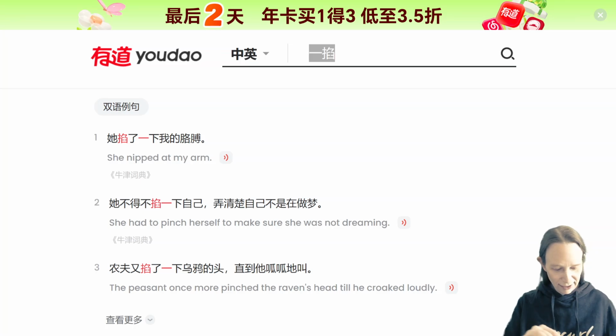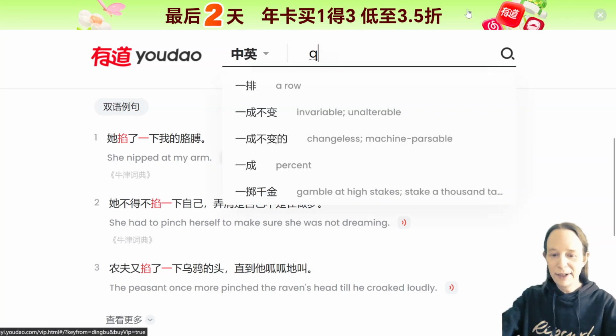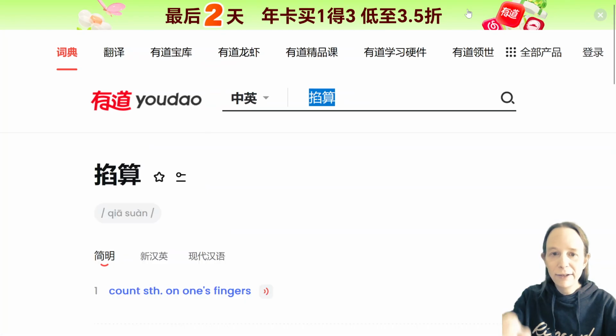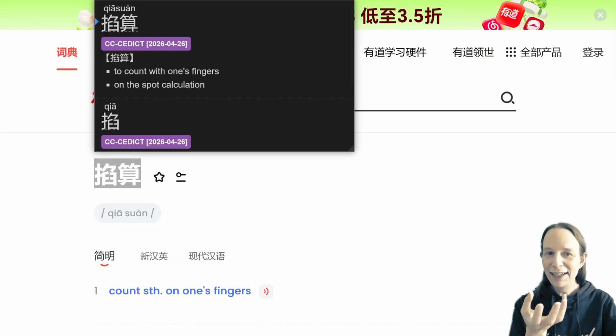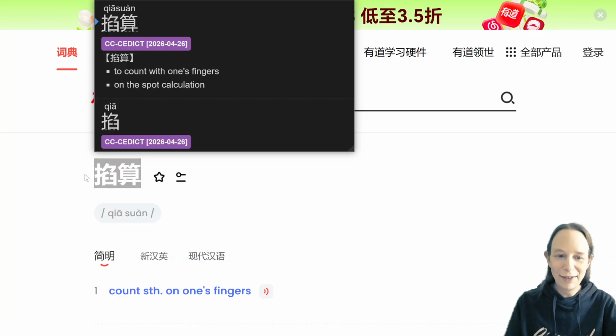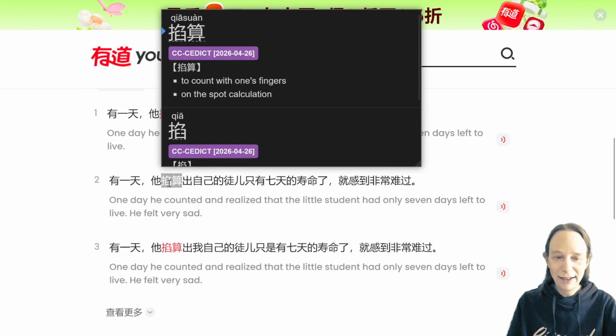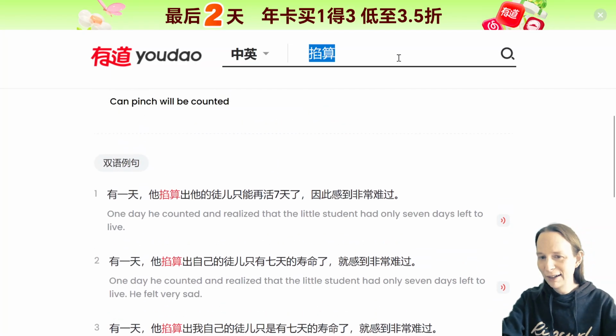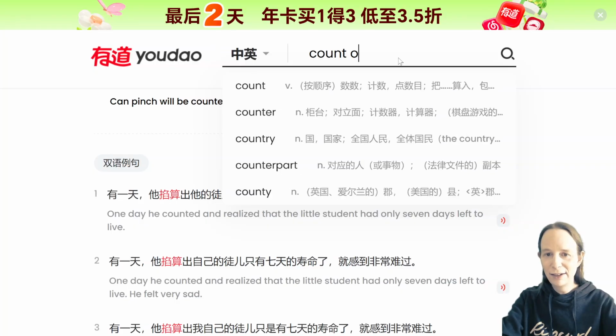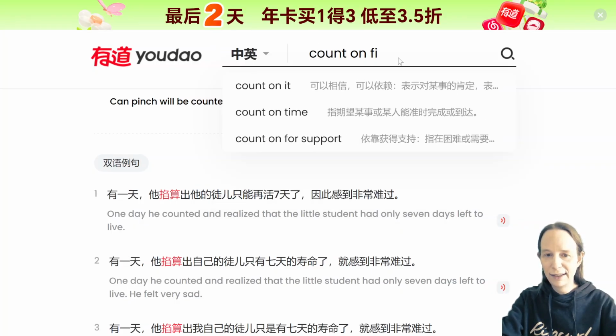Oh, 掐算. There's a word 掐算. I don't know this one. 掐算. Oh, count on one's fingers. Okay, so the pinch represents a small quantity, and 算 is like do calculations or something. 掐算. All right. Is there not another word for this? I recall. Count on fingers.